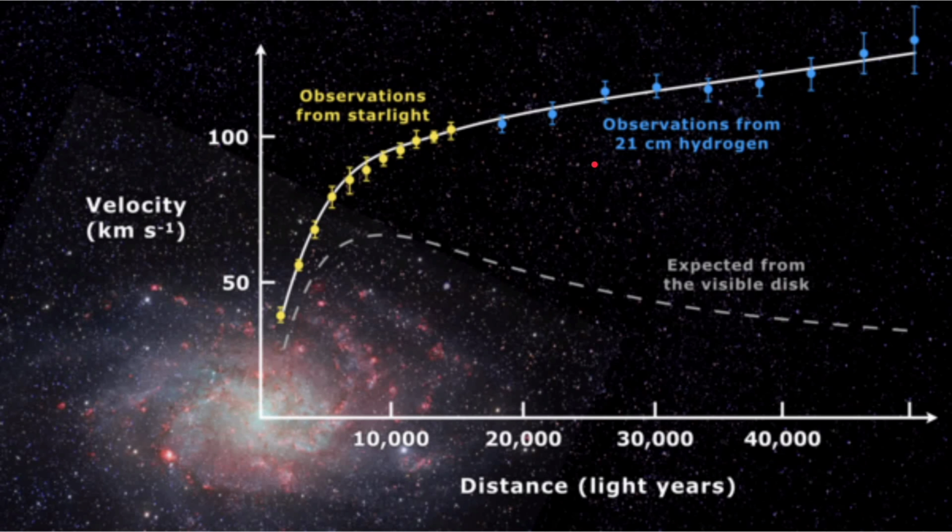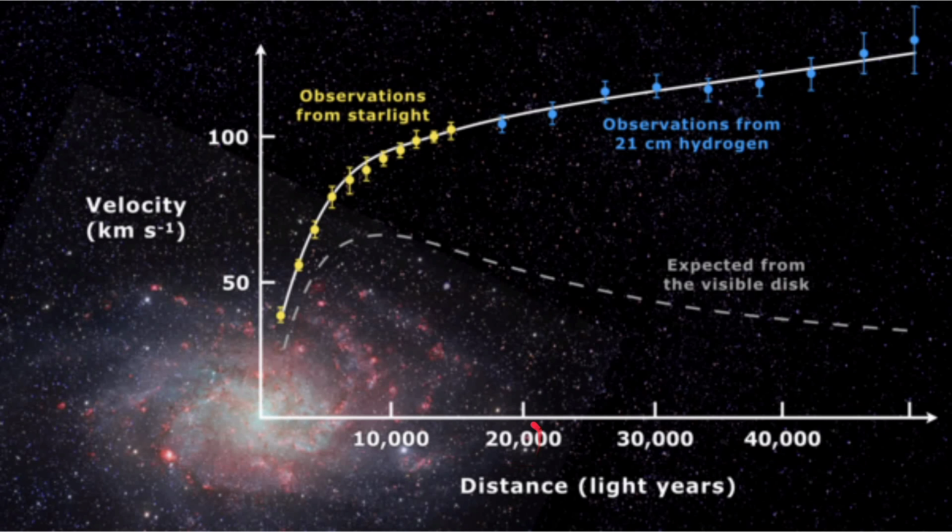This means that most of the stars are from the center of the galaxy to about 15,000 light years away from the center. So we can observe their rotational speed just by looking at the stars.